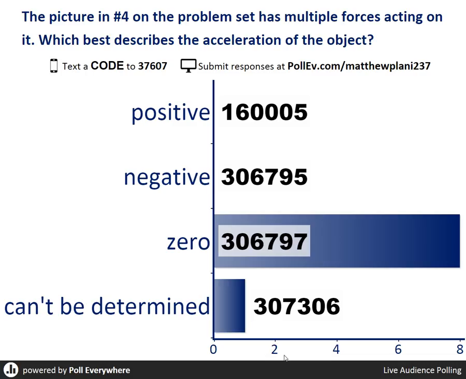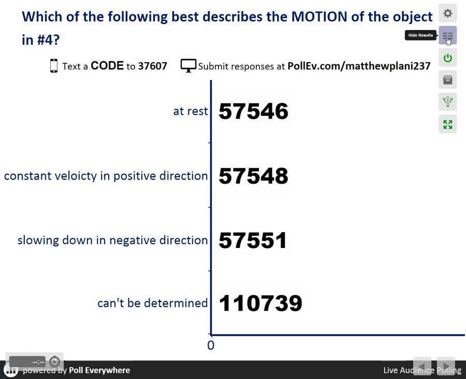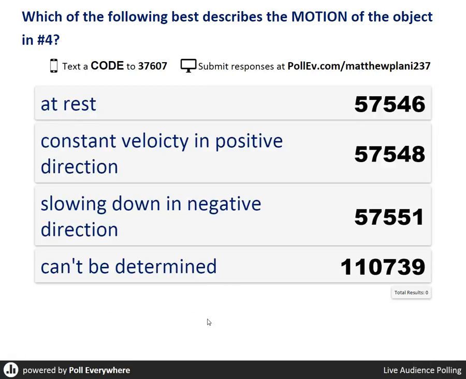Okay? Question number 5 builds off of that question. Which of the following best describes the motion of the object in question number 4? So same picture, same object, same forces, but now it's asking you about that object's motion.